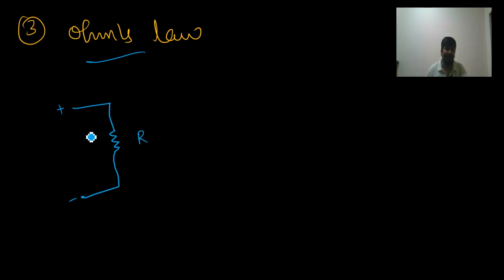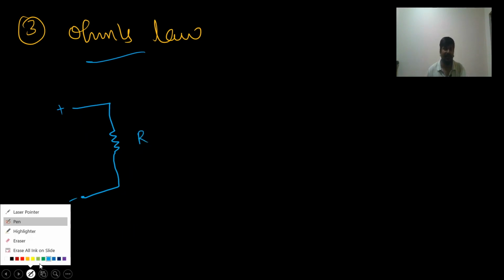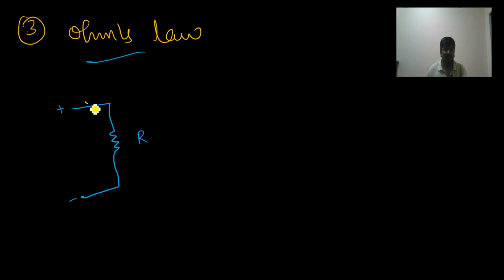Next one, Ohm's law. So what is Ohm's law? Take a resistor like this, with the positive terminal and negative terminal of a battery connected. Current I is flowing along the wire through the resistor.